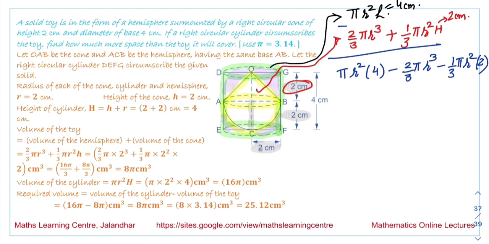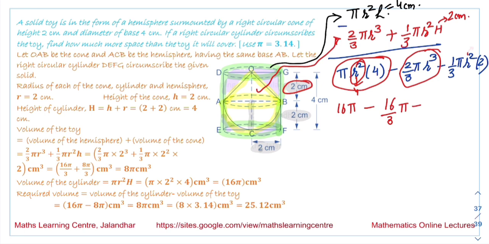On solving these values, the value of r square is 4, so it is 16 pi, this is the value of this term, minus the value of this term: r is 2, so 2 raised to the power 3 into 2 gives 16 by 3 pi, minus the value with r equal to 2, which is 8 by 3 pi.